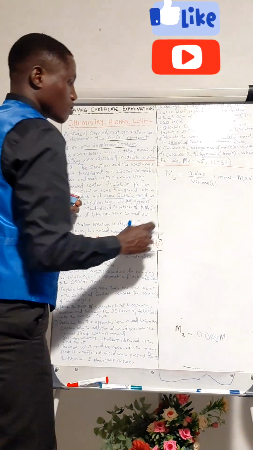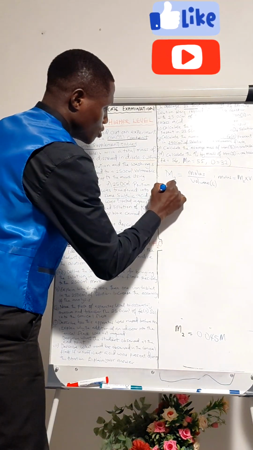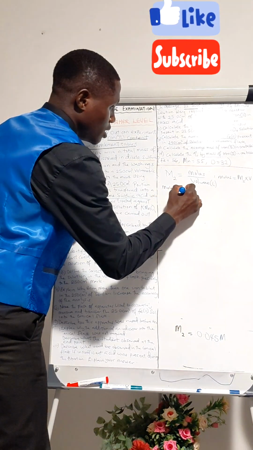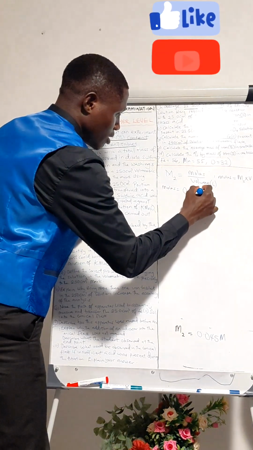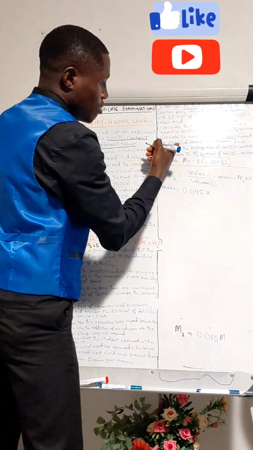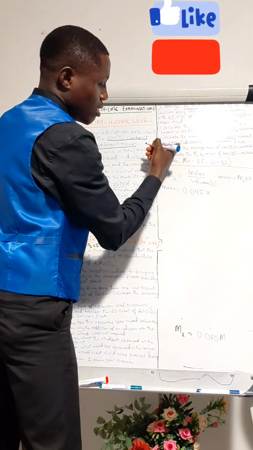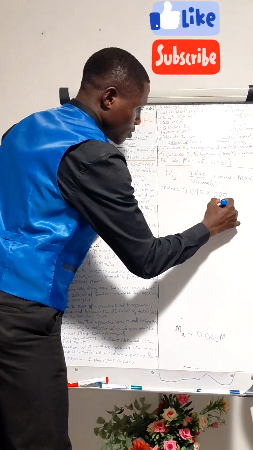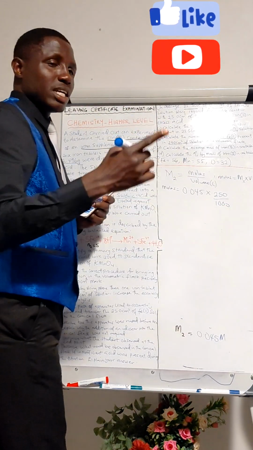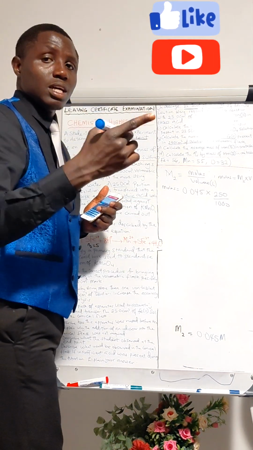So the number of moles will now be the molarity that we just got, 0.045, multiplied by the volume of solution of iron 2, which is 250, divided by 1000. To take centimeter cube to liter, we divide by 1000.